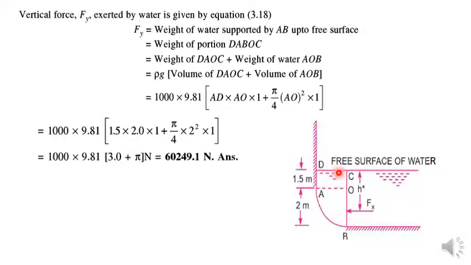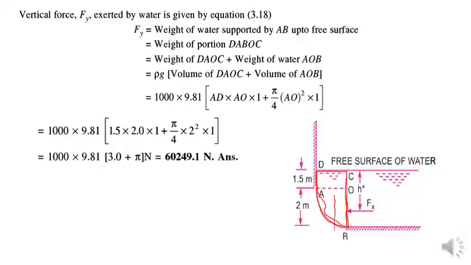So all of this water on the rectangular area OCDA, plus the curved area OAB, is responsible for acting downward on the curved surface to cause the vertical component of the hydrostatic force, sorry.